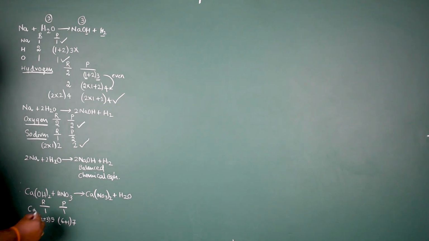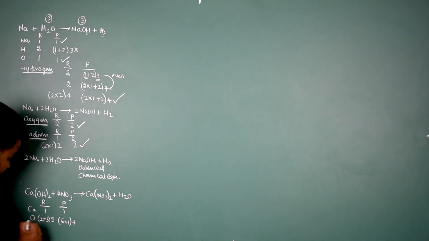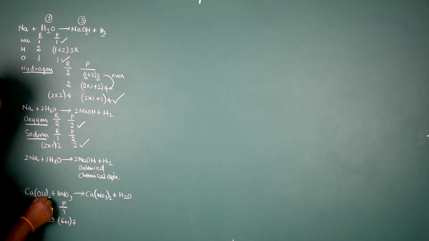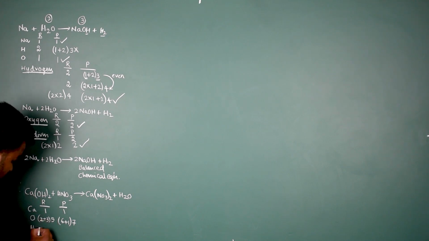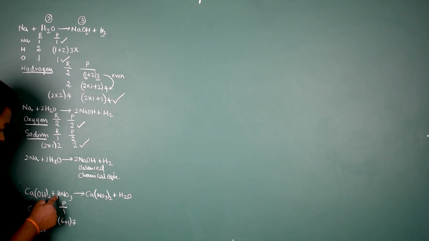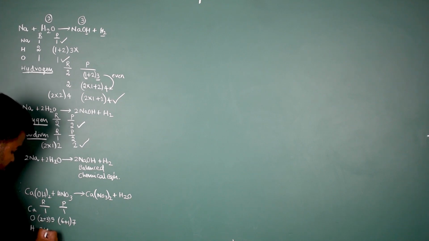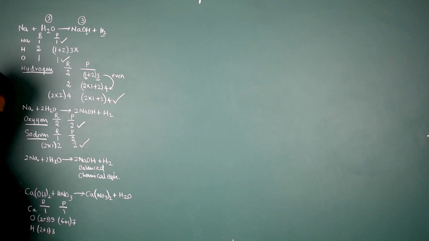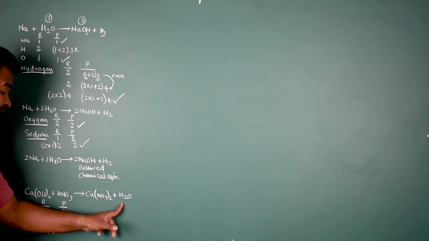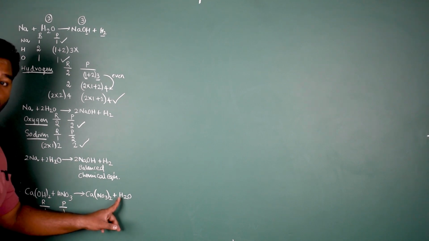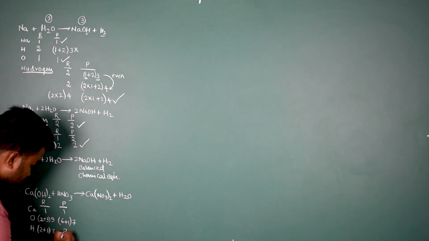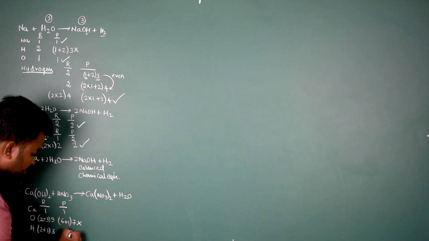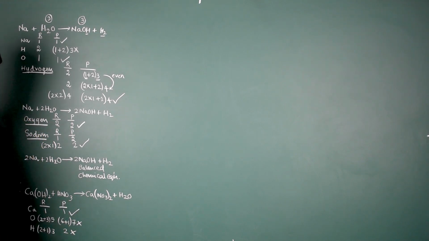Then let's get back to hydrogens. If you look at hydrogens, in the bracket there is 1. 1 into 2 is 2, plus here there is one more hydrogen, hence total 3 hydrogens. Then here we have only stoichiometric coefficient 1 into 2, that is 2 hydrogens. So this is not balanced, this is not balanced, only this is balanced.